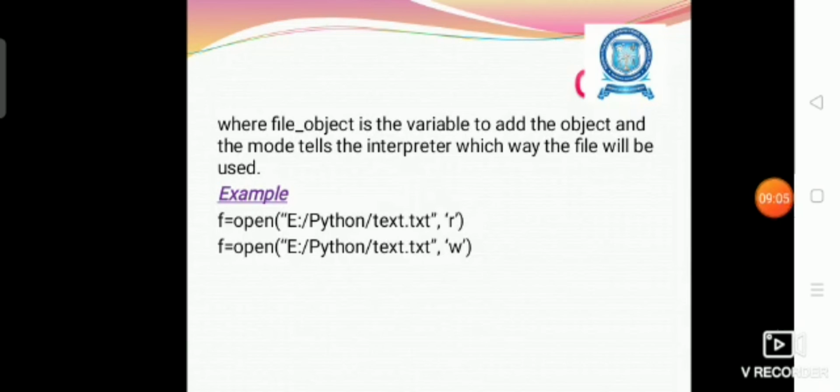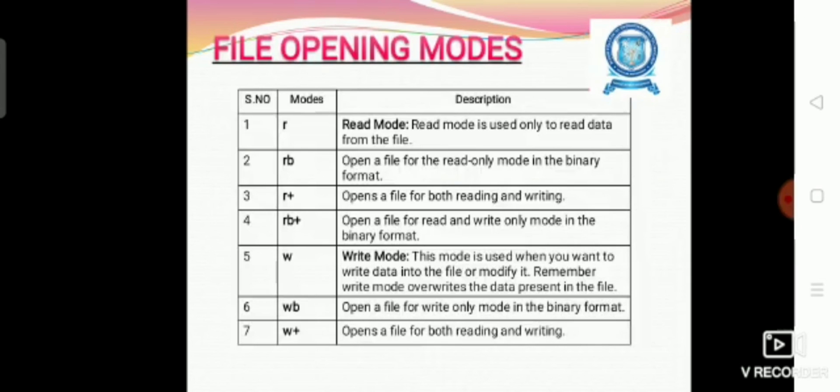The second argument is the file opening mode. In the first example, the opening mode is read. We have mentioned it as r. In the second example, again we are using the same file object f, and we have opened the file for write operation. We have mentioned w in the place of mode. Likewise we can open the file.